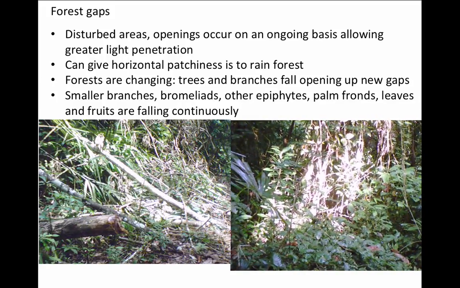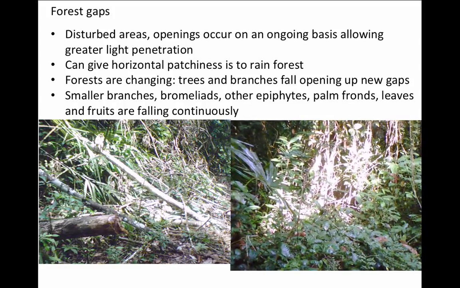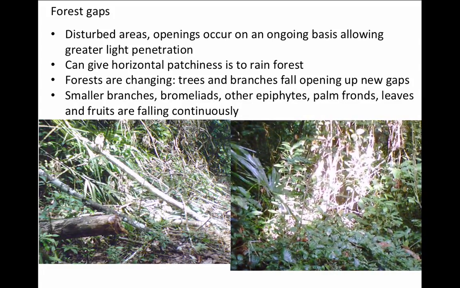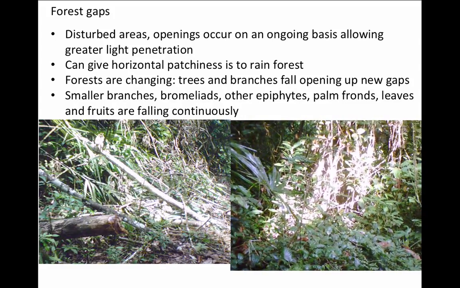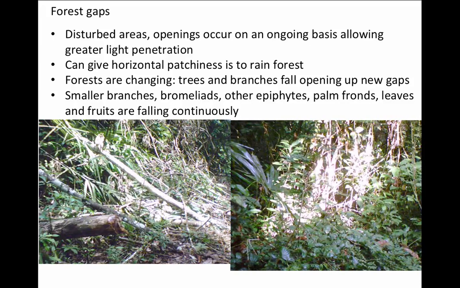But when there is a branch that falls or a tree that falls and creates a gap in the canopy, then that's an opportunity. And so any seeds that might be present there would have the opportunity to take hold and start growing in the light gap. So it's all a matter of being in the right place at the right time. And you never know when a light gap will be available and an opportunity arises.